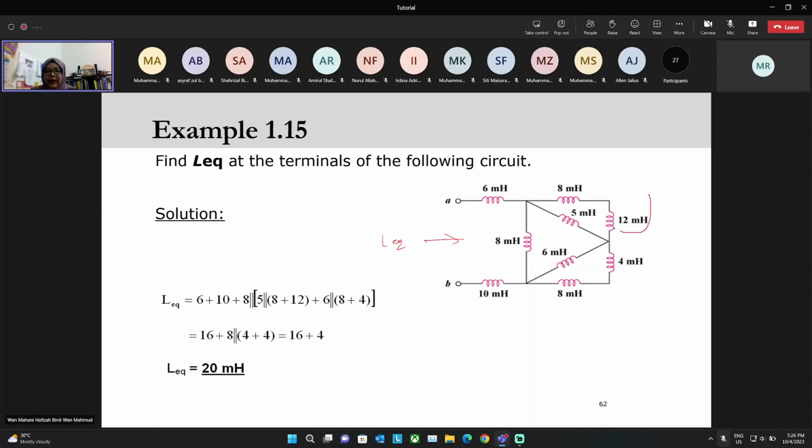So kat sini, we have 8 and 12 is in series ke parallel ni? Series. So 8 mili tambah 12 mili, 20 mili. Yang sini 4 dengan 8, 12 mili.